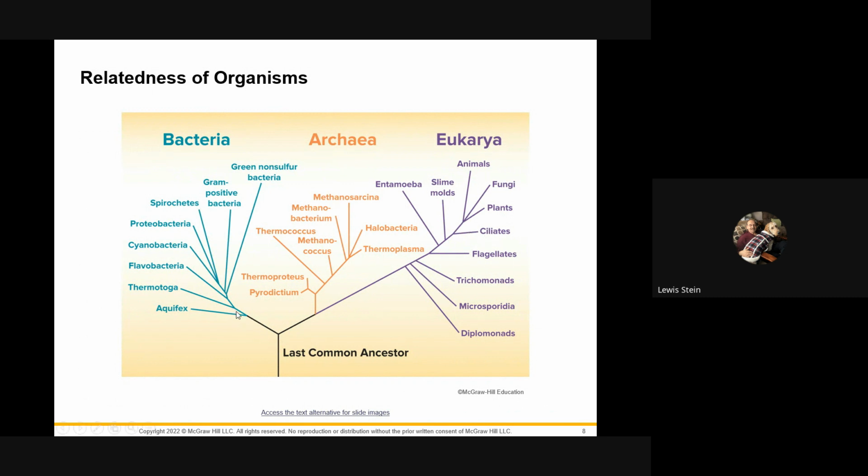Bacteria live basically everywhere. They even live in some of those harsher environments. But by and large, we're going to be looking at ones that are classified as either gram positive or gram negative. And we'll go over some of these other ones that are there.